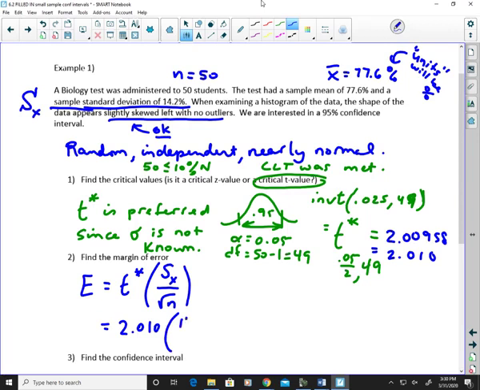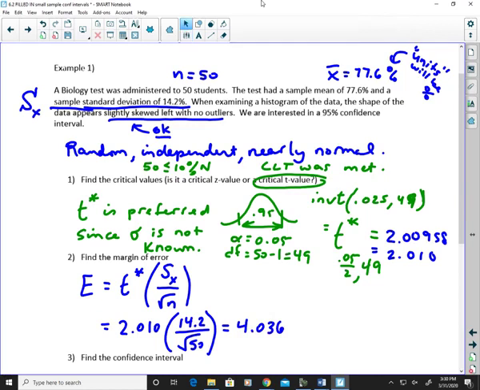Gotta put in the sample value. Since I decided to have percents be my units, I can keep it with the percents, and I end up with 4.036 as my margin of error.